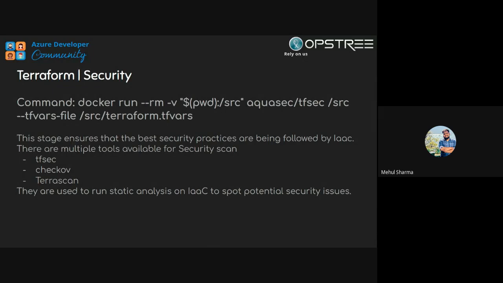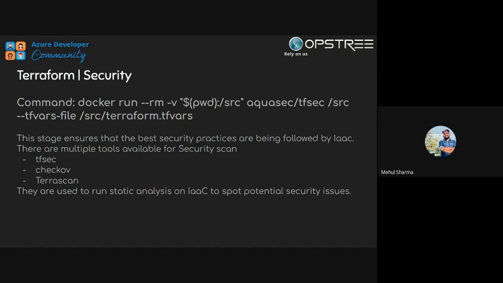So what TFSec does, for example, you want to enforce that your resource group must have a name tag available. Are you able to relate? Because people try to avoid tags, right? Your resource group must have a tag available, name tag, or maybe environment type.